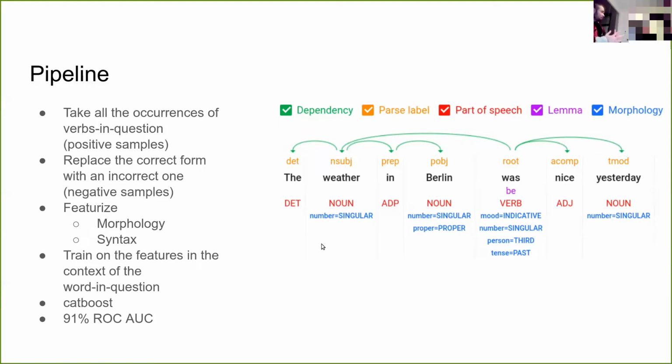How do we do this? We take all the sentences with the word in question. As I said, not all verbs have this problem of being very similar in finite and infinite forms, so we filter for those. Then we generate the negative samples. Basically, every correct usage of the word we replace with an incorrect one.